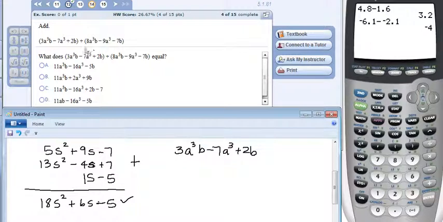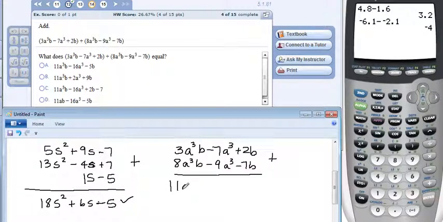And then since I'm adding, I'm just going to stack. And I'm going to put like terms underneath. I have a cubed b's. This whole piece has to match exactly this whole piece in order for me to add and subtract them. If this was even an a squared b or an ab cubed, they're not alike. Okay? So these are alike. So I'm just stacking and adding.